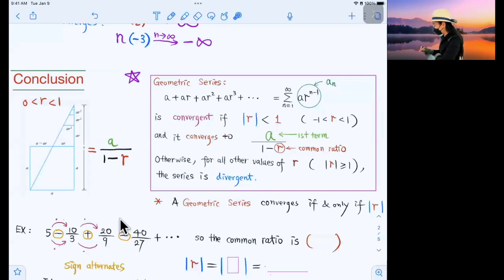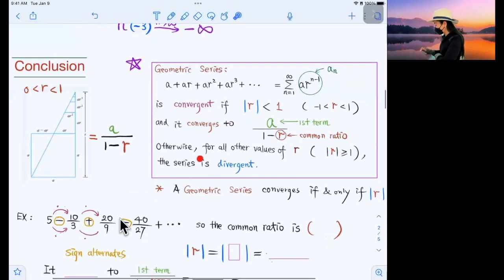It sums up to the first term over 1 minus the common ratio, a over 1 minus r. And otherwise, if it's not from -1 to 1, then that geometric series diverges, so it doesn't converge to a finite number.